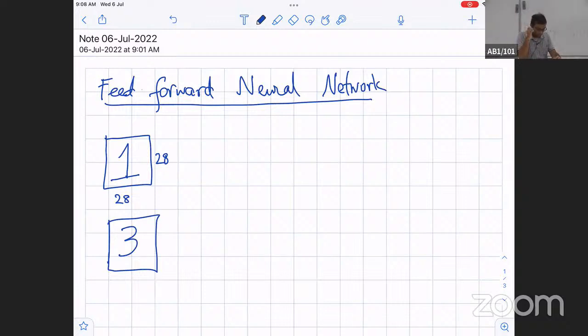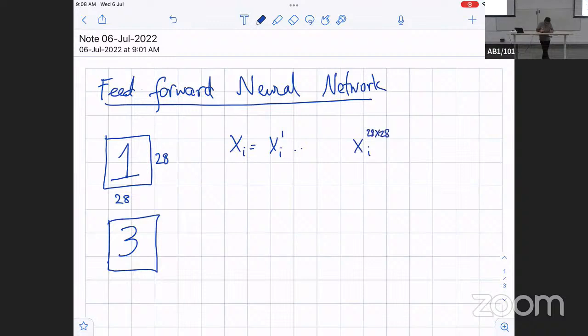Typically, how would one go about doing this? You would like to detect these digits. You have been given a large data set of training samples with 1s and 2s and 3s and so on. You would like to be able to detect these digits, and one way you can go about doing that is to directly take your features xi1 all the way till xi 28 times 28, whatever that number is.